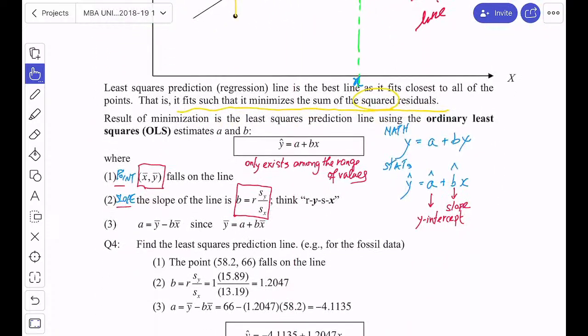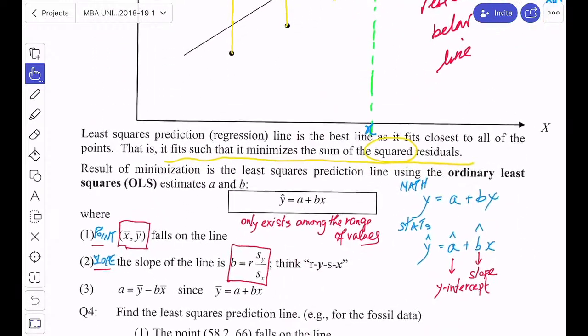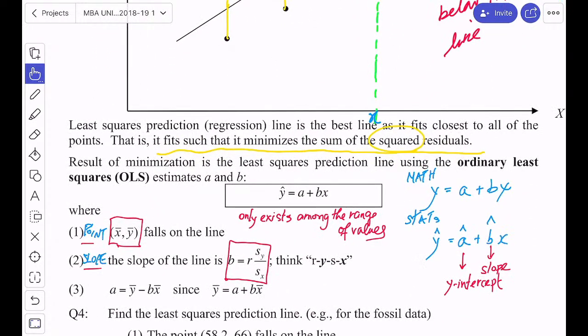Okay, so there's a point. It has to fall on the line because X bar is the value that fits closest to all the points in the horizontal direction. Y bar is the value that is closest to all the points in the vertical direction. So this has to be on the line.